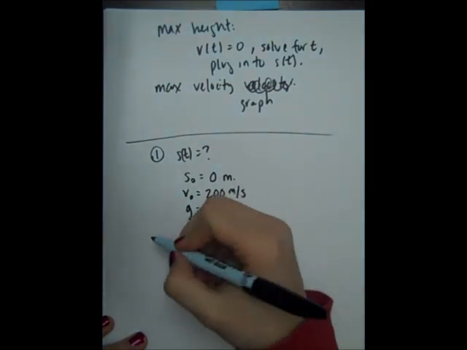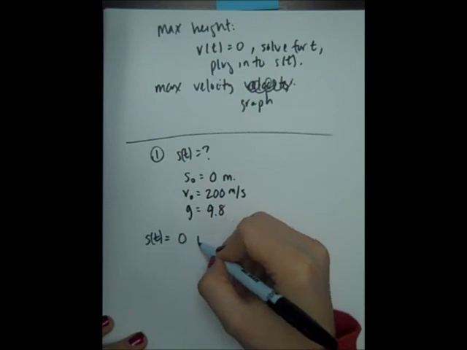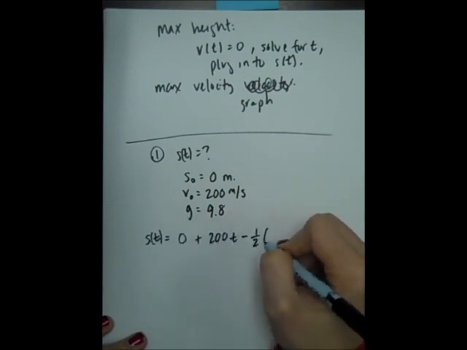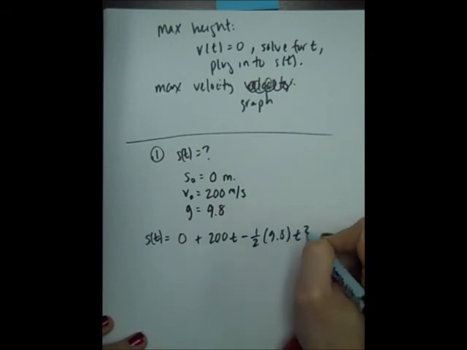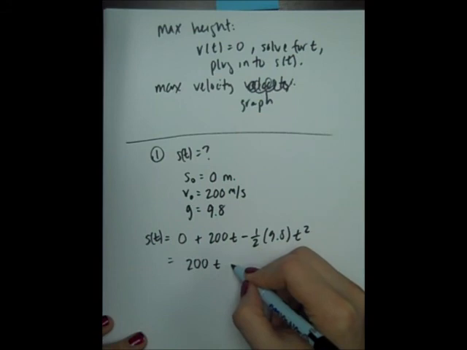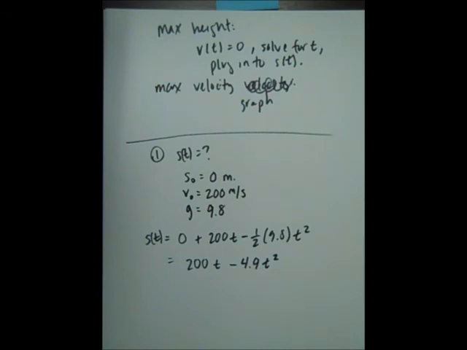So using those three, this tells me that S of t is 0 plus 200t minus 1/2 times 9.8 t squared, which is 200t minus 4.9 t squared. Okay, so there's our position.